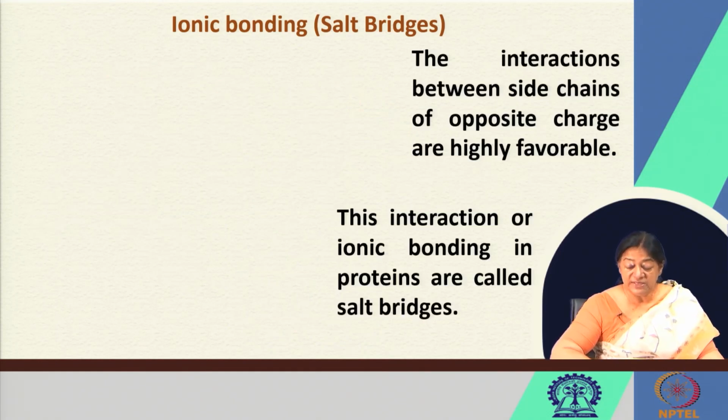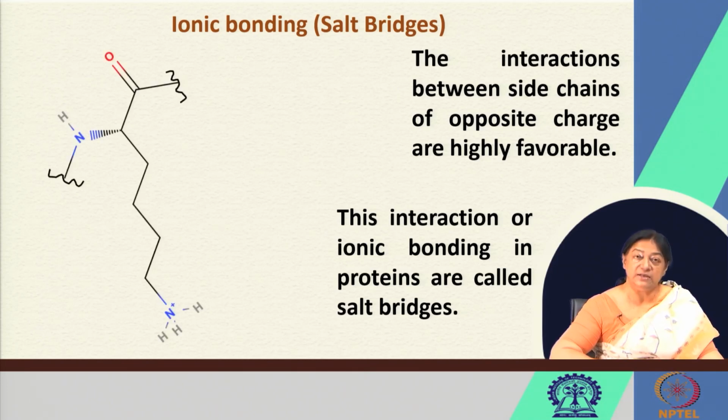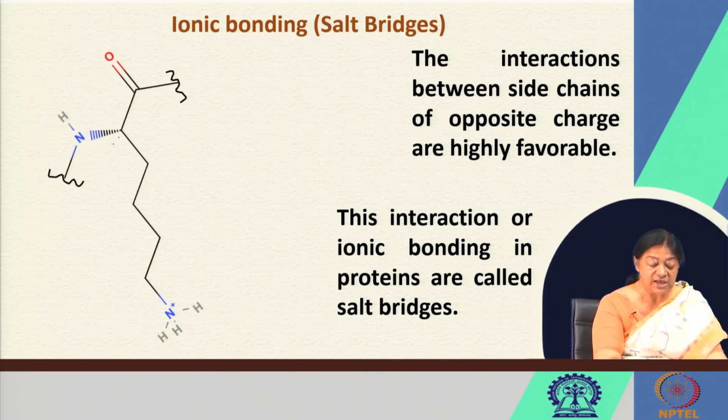So, we have these favorable interactions between the opposite charges, and another example would be lysine. These wiggly lines usually mean that the rest of the protein follows here.